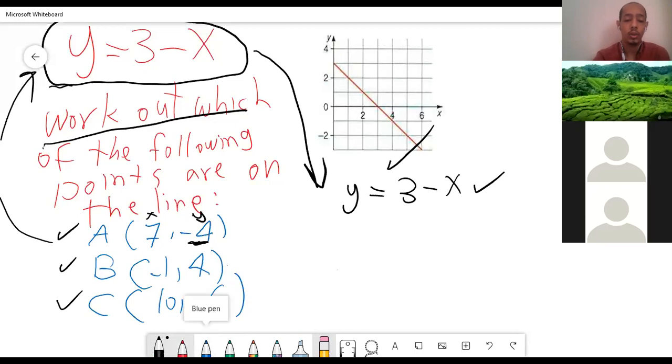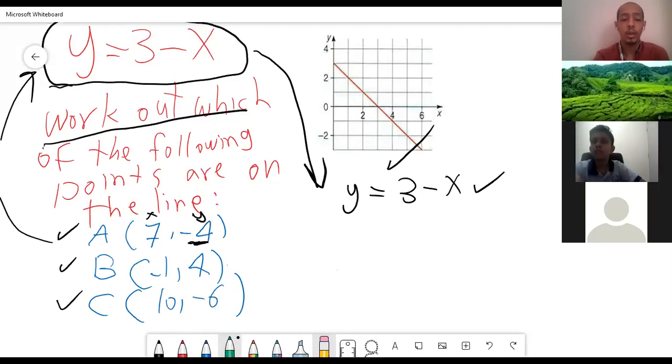So minus 4 equals 3 minus 7, because the value of x is 7. This is the first point.